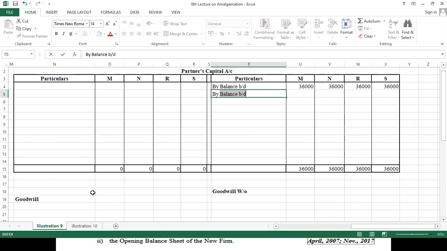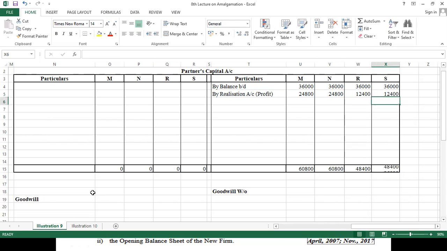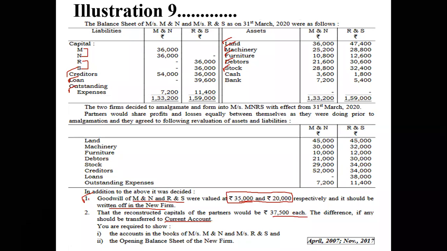Then we have by realization account profit, because we don't have any general reserve. Here the profit is 24,800, and here 12,400 and 12,400. Okay. Apart from that, we don't have anything. Only we have to complete our adjustment number one.